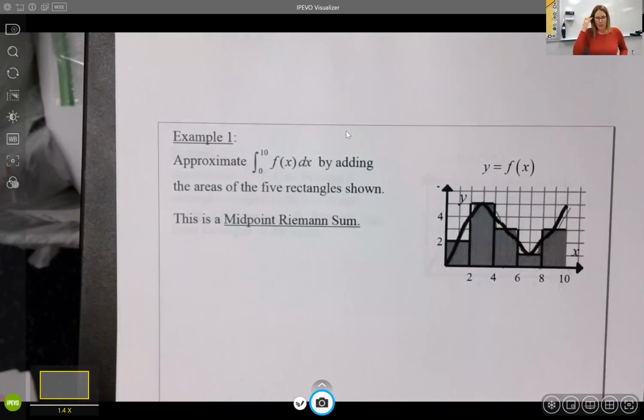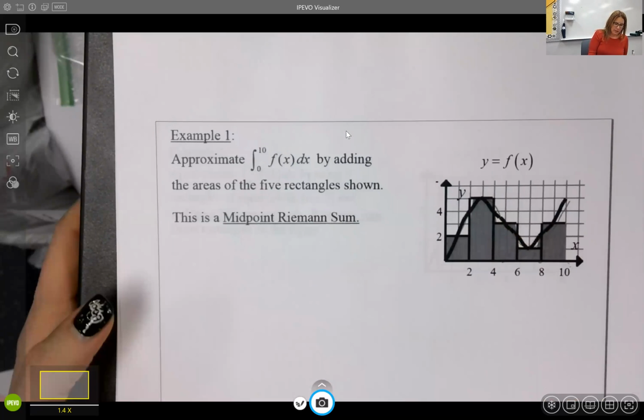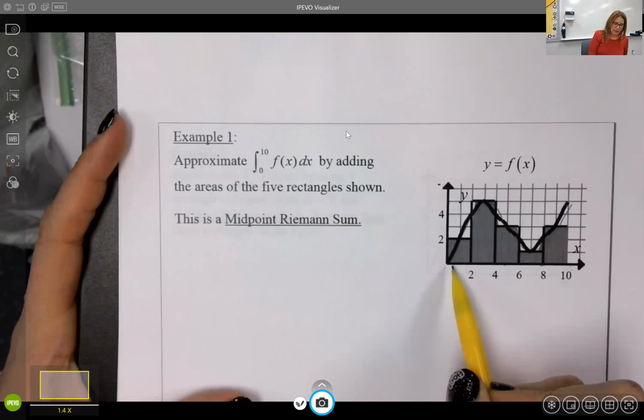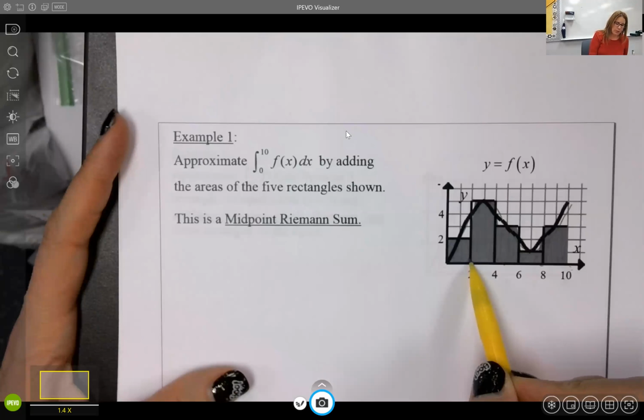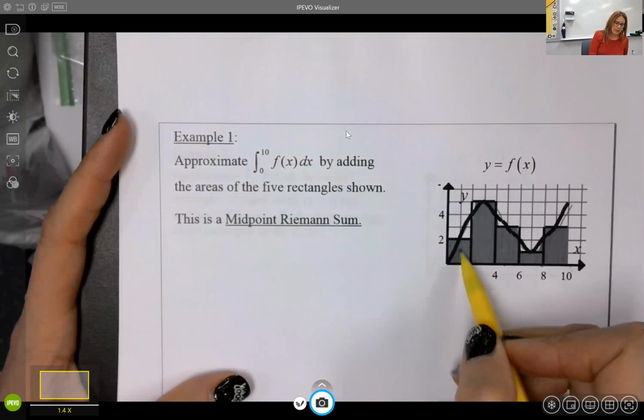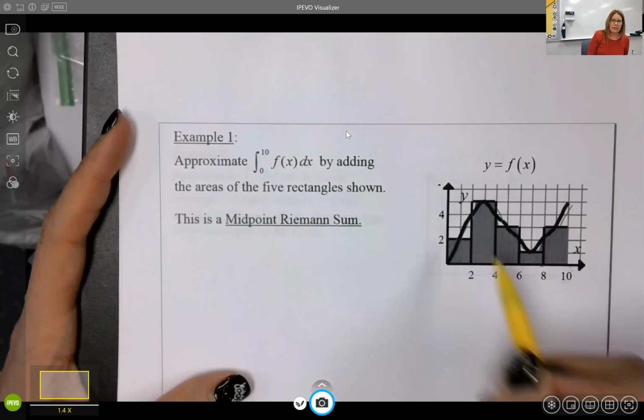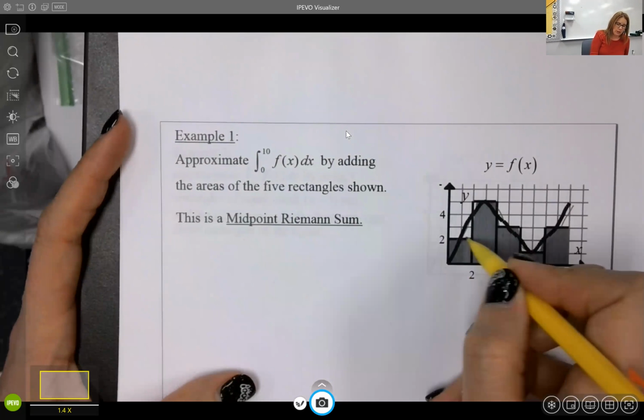So I'm going to find the area of each rectangle. The area of this rectangle is 2 by 2. The way that we came up with the 2 is we went into the middle of the interval and found what the value was right there in the middle, and it was 2.